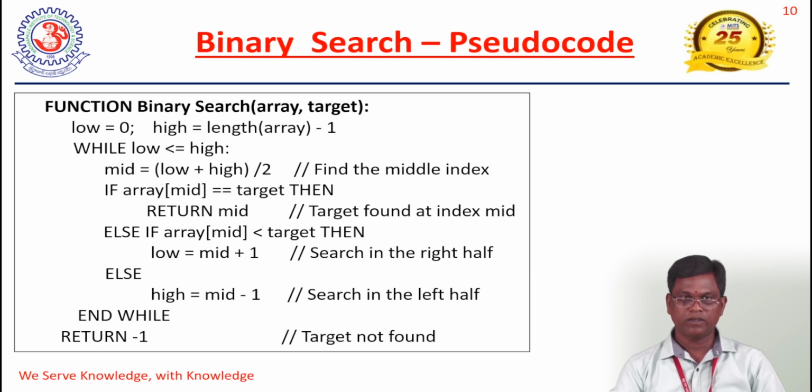If the target element is found in the given list, it returns the mid value, which indicates the location where it was found. If the target element is not found, it returns minus 1, which indicates an unsuccessful search.